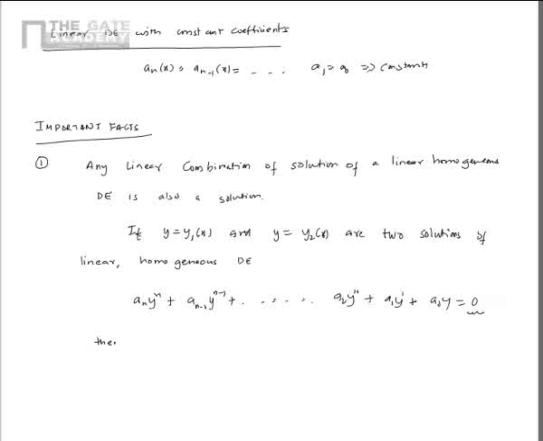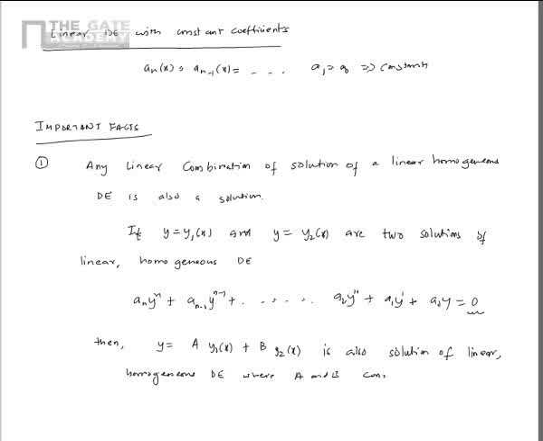Then what this important fact says is that any linear combination of y1(x) and y2(x), a y1(x) plus b y2(x), is also a solution of the same linear differential equation, where a and b are constants.